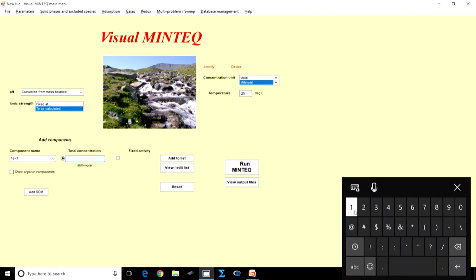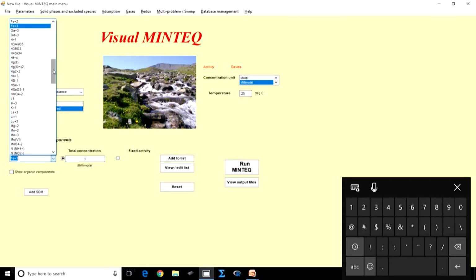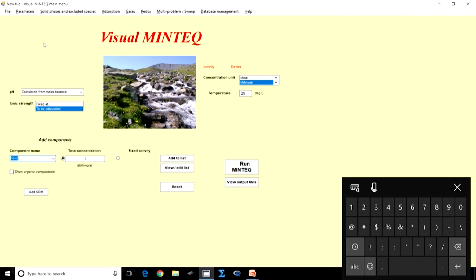So it's going to be equal to 1 millimolar, add to the list, and the other case is Fe2+, also 1 millimolar. I'm going to add that to the list, but keep in mind that here we are giving the system the initial total component.